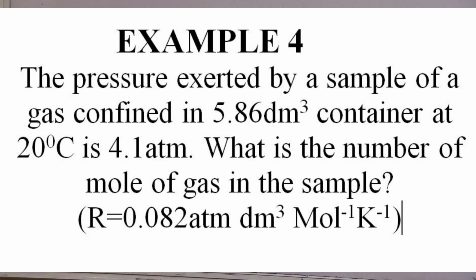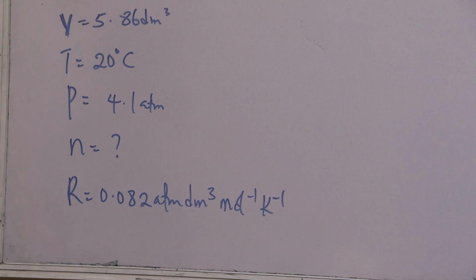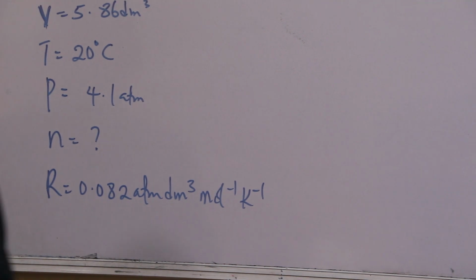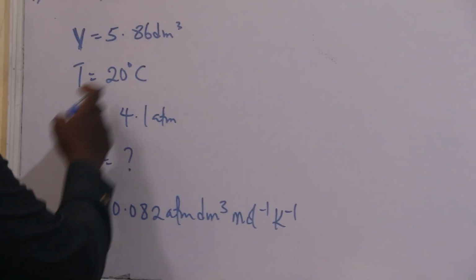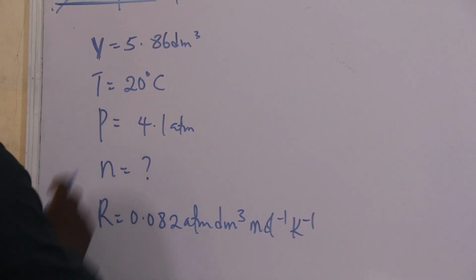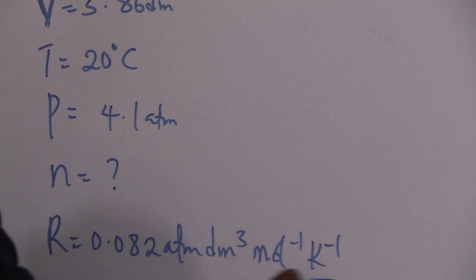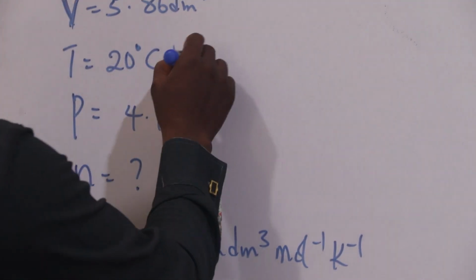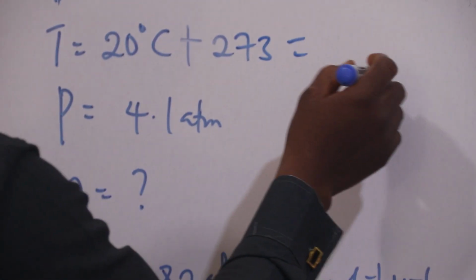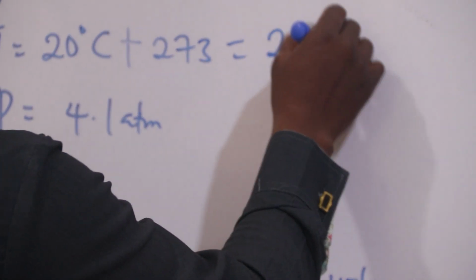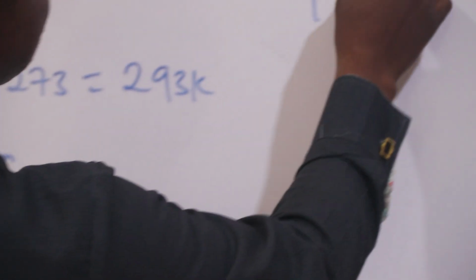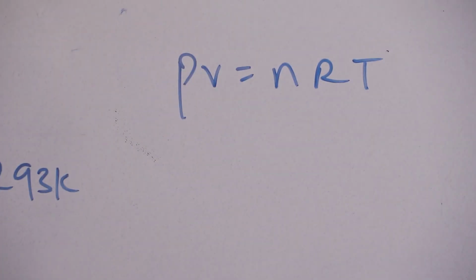Now let's look at the parameters: your V, your T, your P, your n is unknown, and these are our gas constants. We are going to add 273, which gives 293. We're using PV equals nRT.